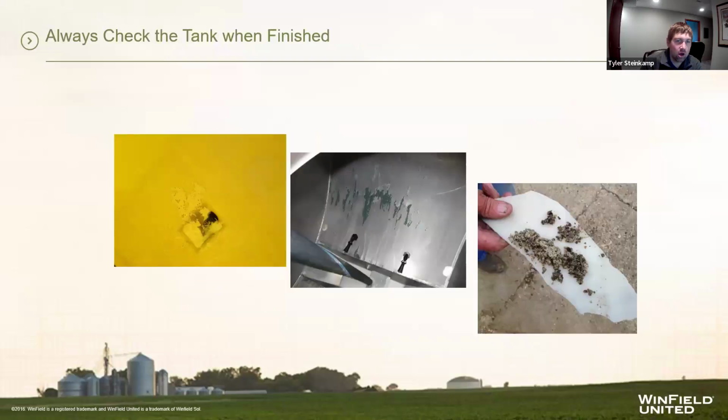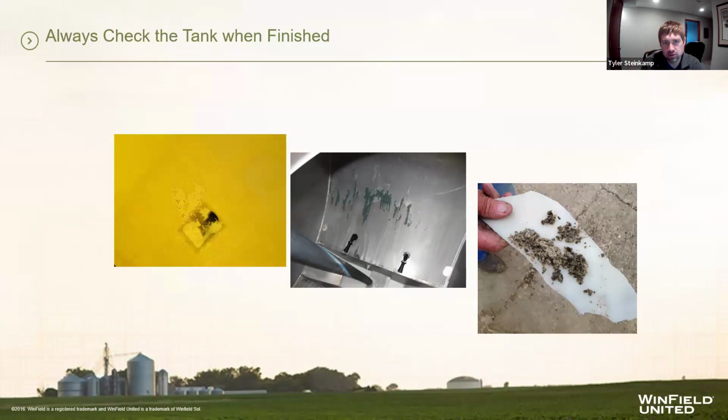Also, always check the actual tanks themselves to make sure you get them fully clean and go through that triple rinse process. So after you've got all of the filters and everything cleaned out, add water in, get that flushed out.